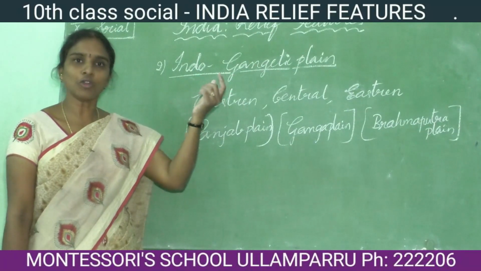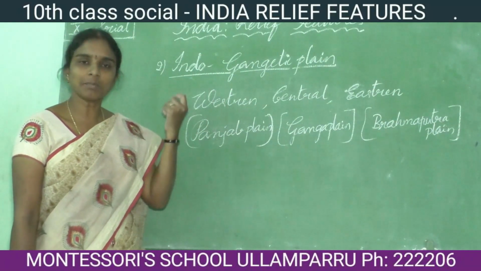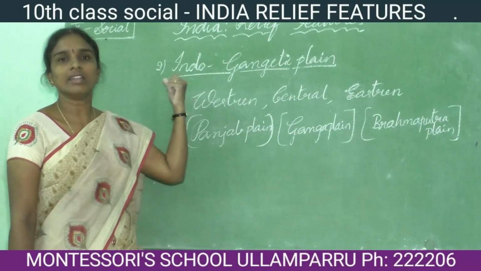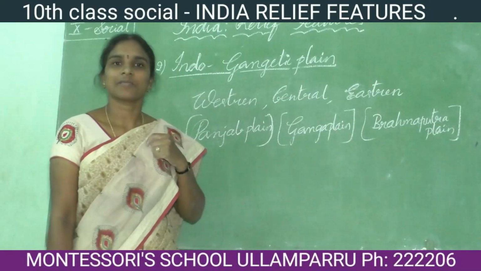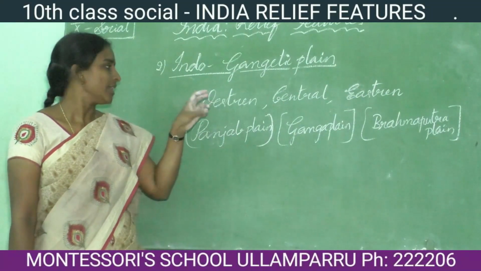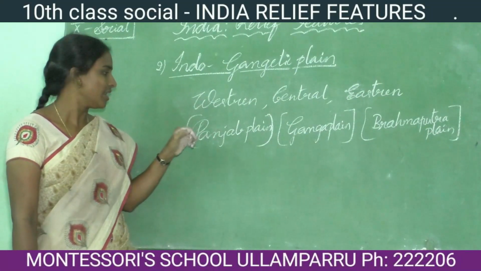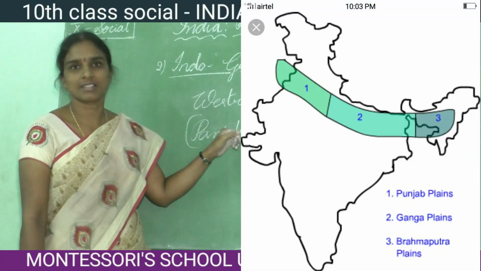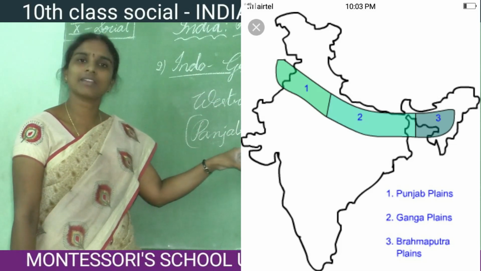Generally they flow towards the western part. Finally it goes into Pakistan. That's why we can say that the portion which comes under the Punjab state, the western portion, is the Punjab plain.